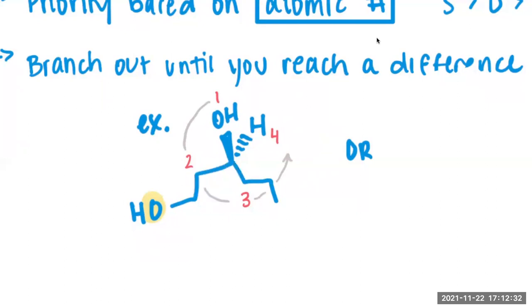So here, here we've branched out and we saw that we had two carbons. Okay, let's branch out again. Well, we run into carbons again. So we do it one more time. On the left branch, we run into an oxygen, but on the right one, we just run into a methyl group. And so the one on the left will have that higher priority, and I labeled that as 2.